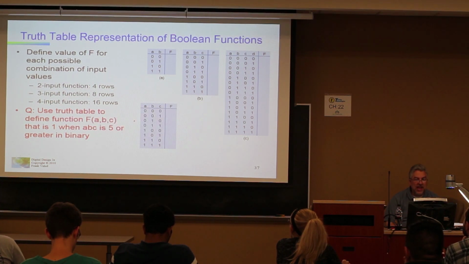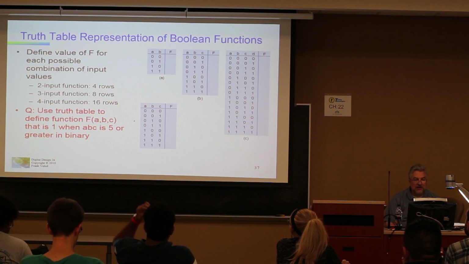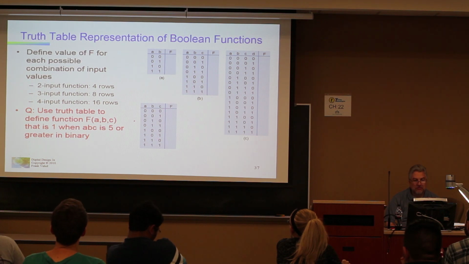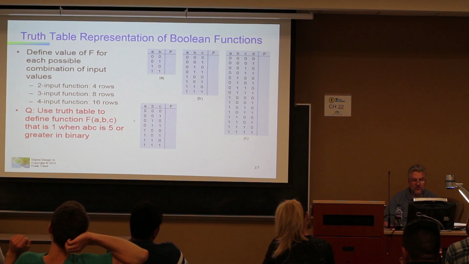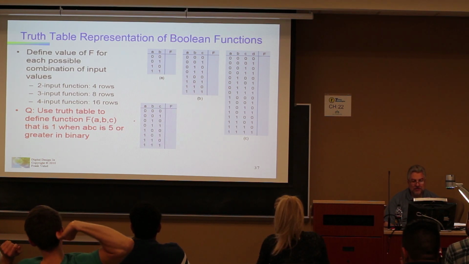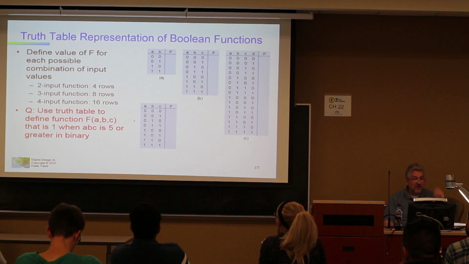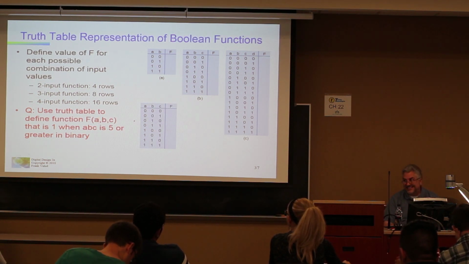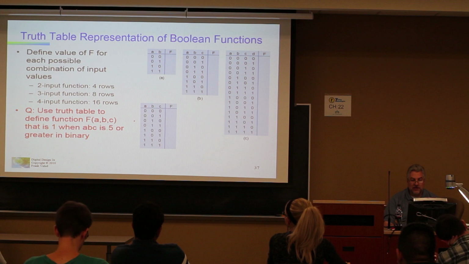Function is 1 when A, B, and C is 5 or greater in binary. So for this table, when A, B, and C is 5 decimal or greater in binary, when would that be?